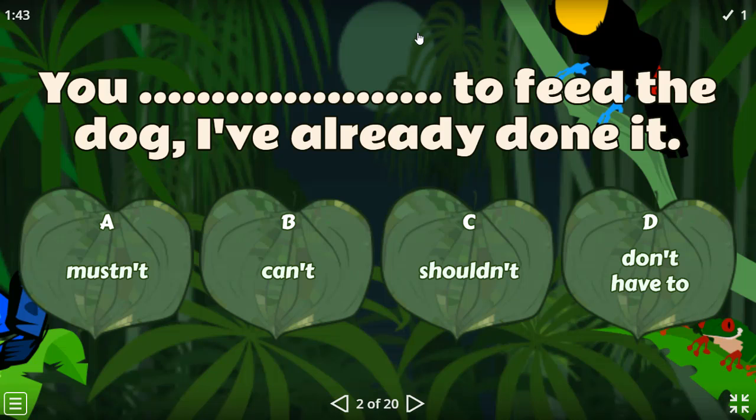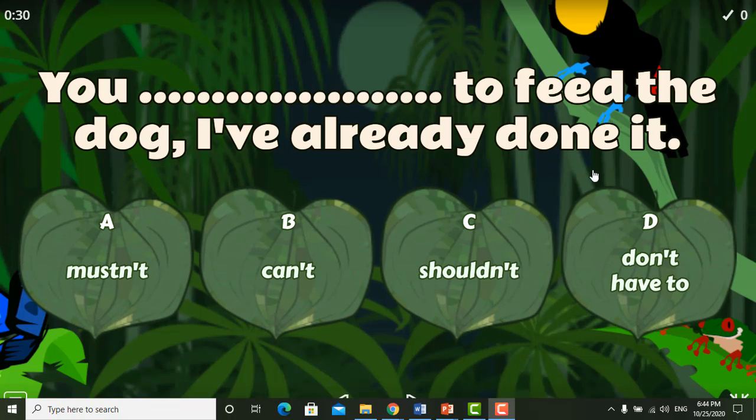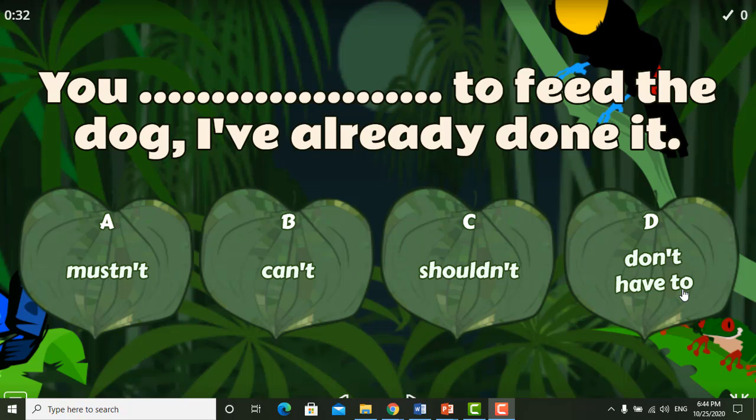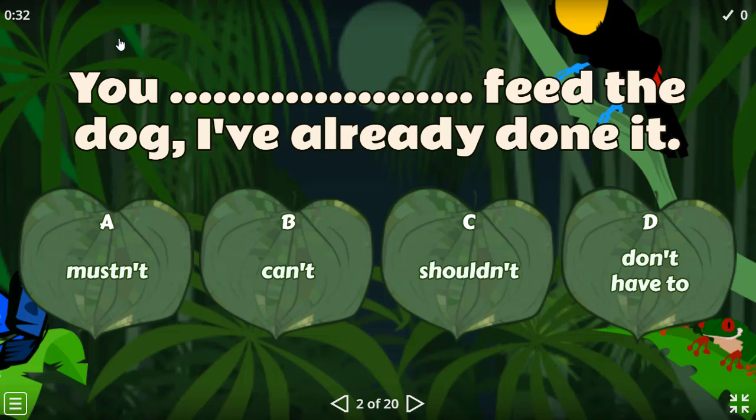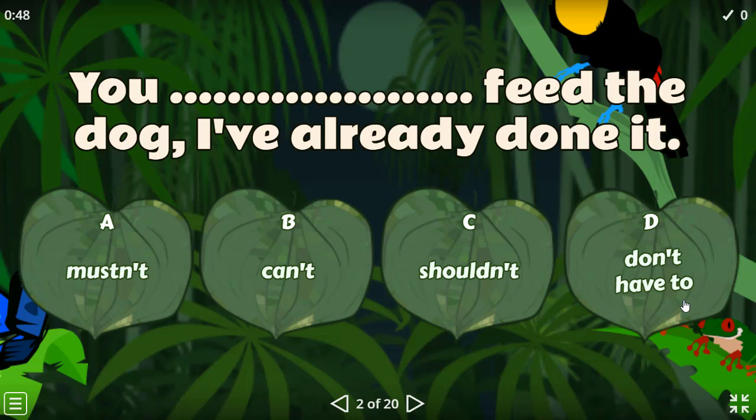Because we have 'to' here and we have 4 modals, and even don't have is with 'to'. Great, Muhammad. And now, Muhammad, read the question and verify if there are any mistakes left in the instruction or in the task. You mustn't feed, you can't feed, you shouldn't feed, or you don't have to feed the dog. I've already done it. Your answer, Muhammad?